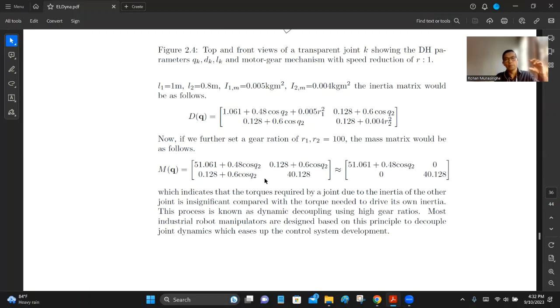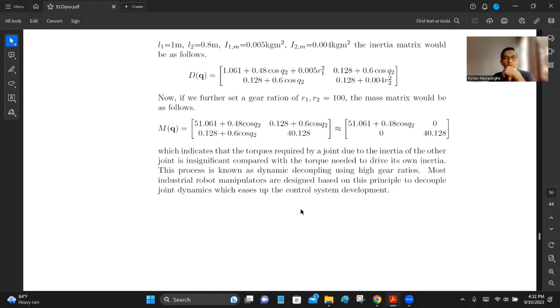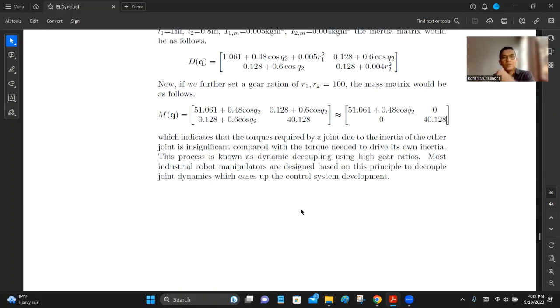And you can approximate this to this one if you want. Off diagonal elements are actually 0 compared to the main diagonal. The off diagonal elements are actually the coupling, so you have reduced coupling very seriously. Now it is basically only diagonal elements that are there. So this is what is called joint decoupling using gear ratios.